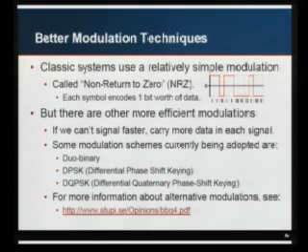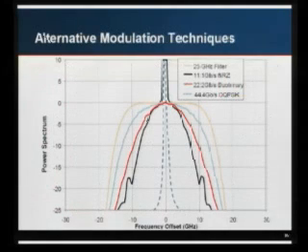Different techniques like dual binary, DPSK, DQPSK, you can encode 2 or 4 bits per symbol. There's a half dozen different methods out there, and they're really complex, but you can encode a lot of data. You can do phase encoding, you can do modulation encoding. There's a lot of stuff out there. And this shows the benefit.